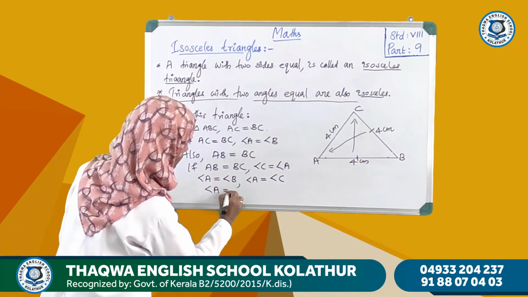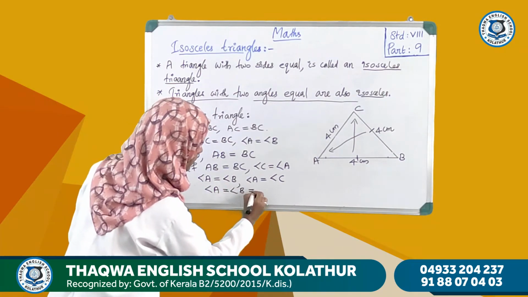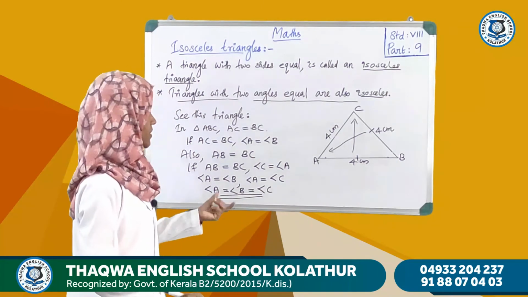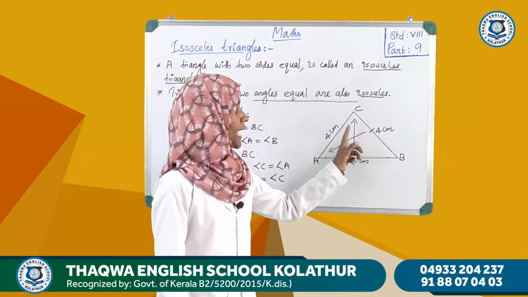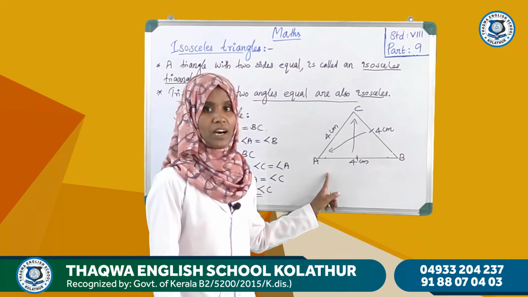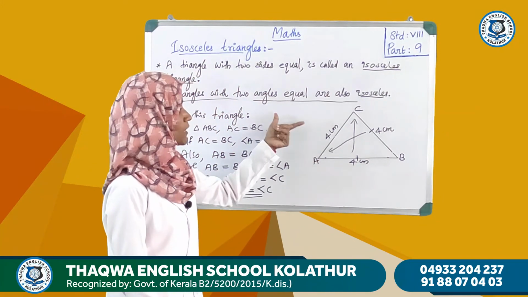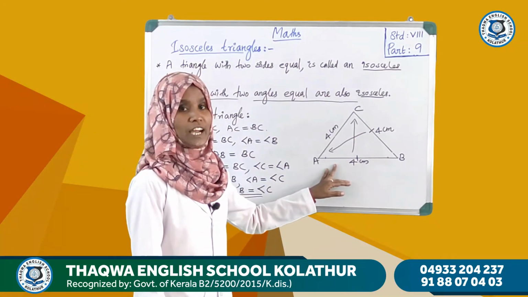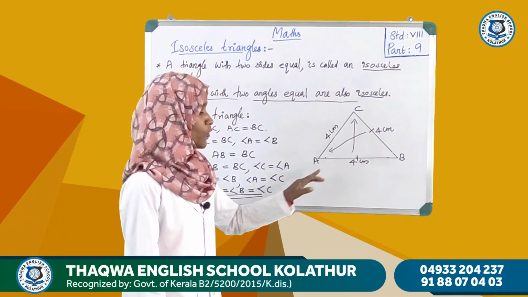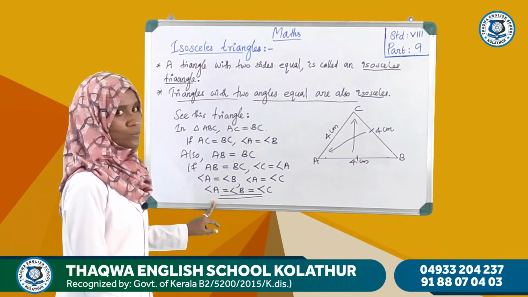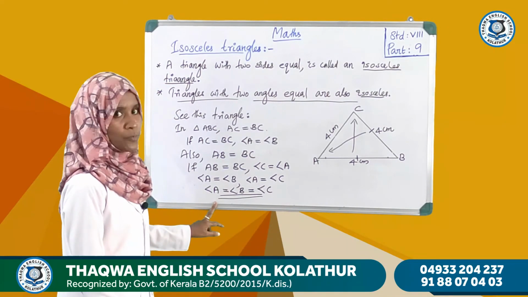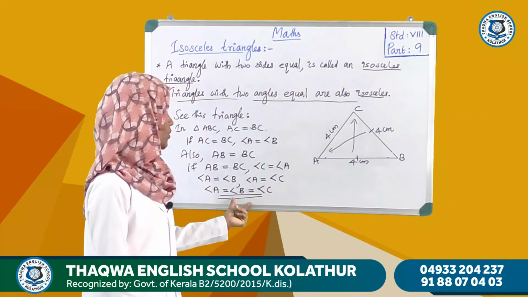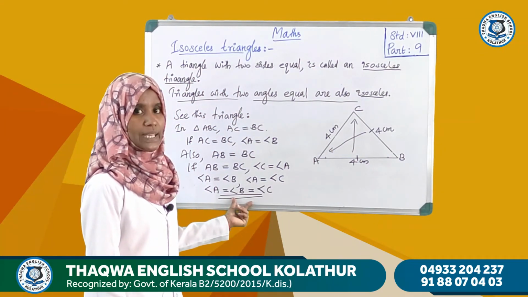Angle A equals angle B equals angle C. So the three angles of triangle ABC are equal. What is the given condition? All sides of triangle ABC are equal. Now we got all angles of triangle ABC are also equal. If the three sides are equal, then the three angles are also equal.